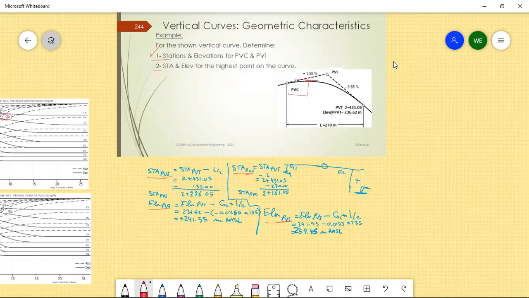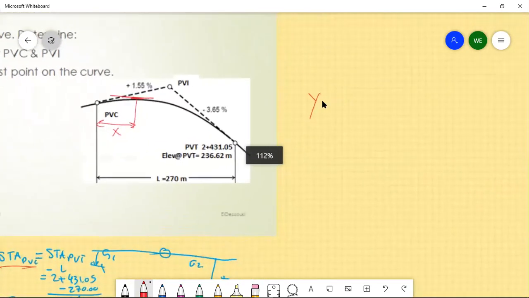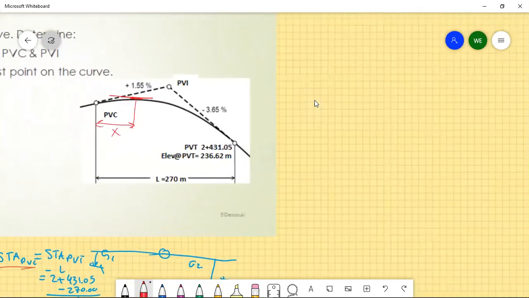We need to get this distance x, so we can get the station, and we need to identify the highest point. So how can we get the highest point on this vertical curve? First of all, the equation of this curve is defined as follows: y of x equals a x squared plus b x plus y naught.